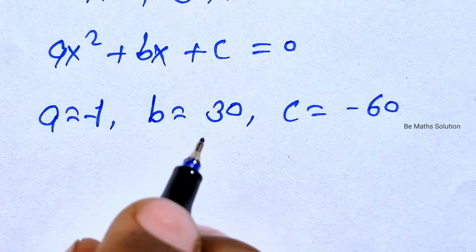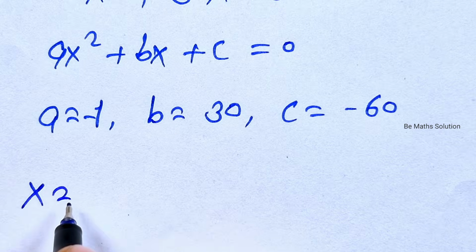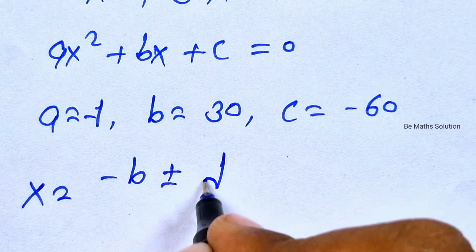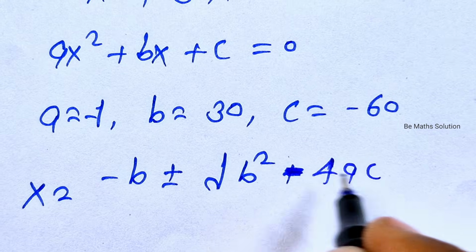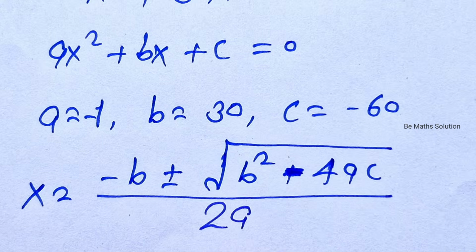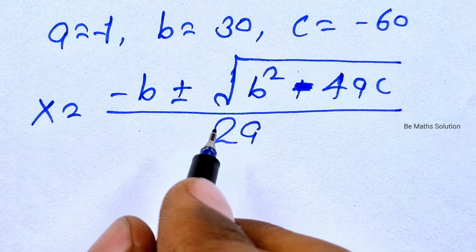Now by applying the quadratic formula, x is equal to minus b plus minus square root of b squared minus 4ac over 2a. So here put the value of a, b and c.